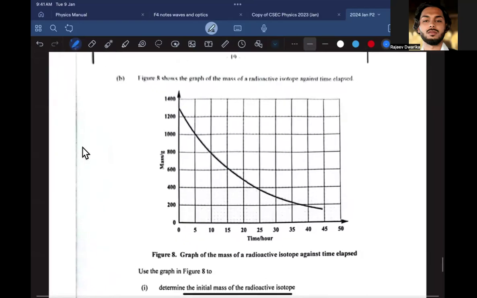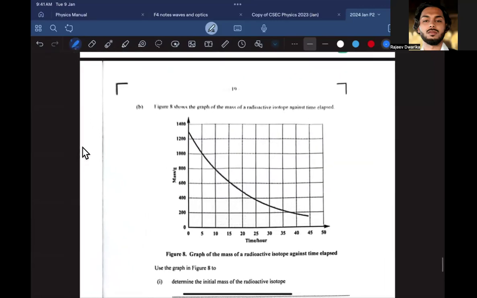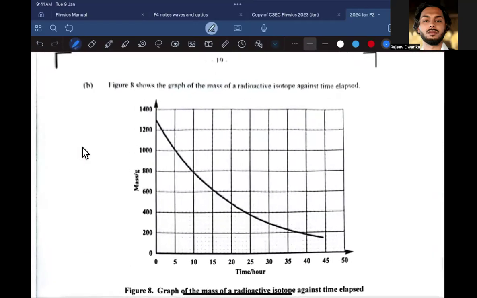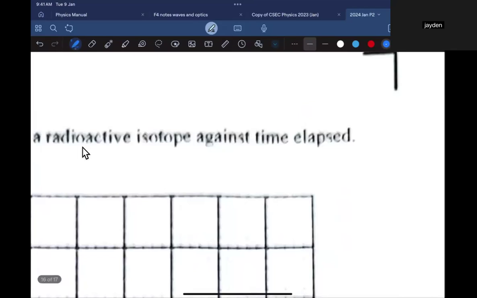Right. So Jadon, I want you to help me with this question. This is the last question, and we would have done a whole past paper. Jadon, give us a read. Figure 8 shows the graph of the mass of a radioactive isotope against time elapsed.